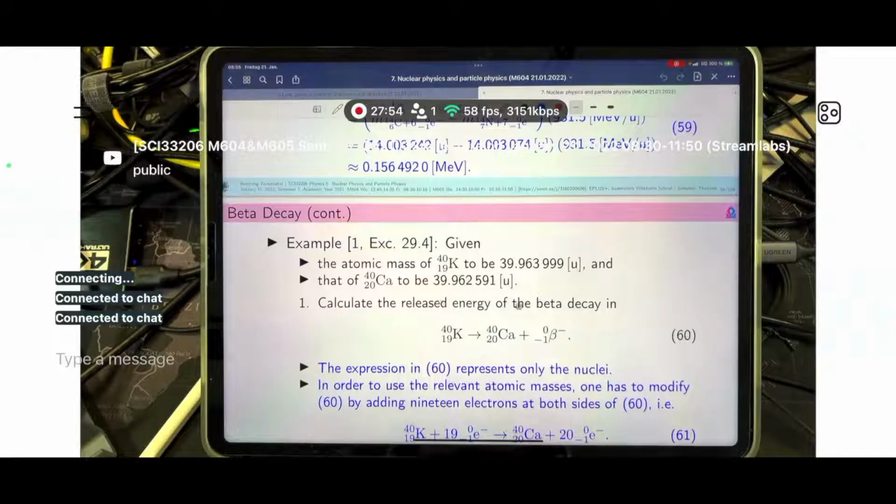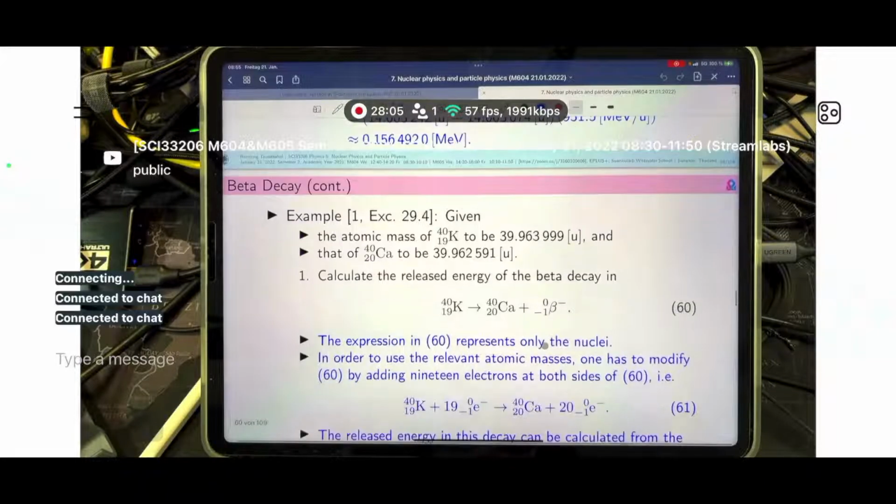I calculate the released energy of the beta decay because it emits the electron, right? Beta minus means electron. But in order to use these two values, which are measured by chemists, note that they measure the complete atoms together with the associated electrons.